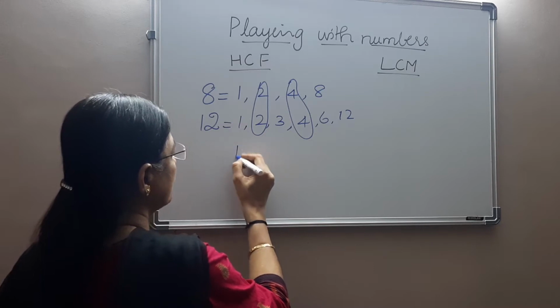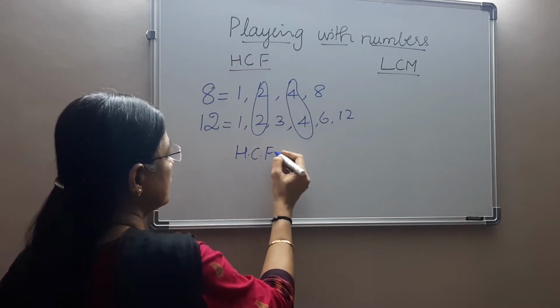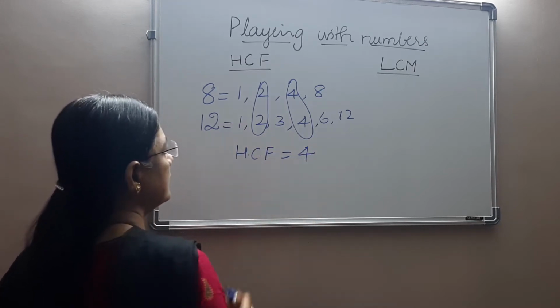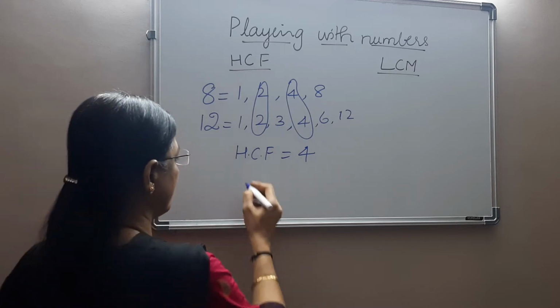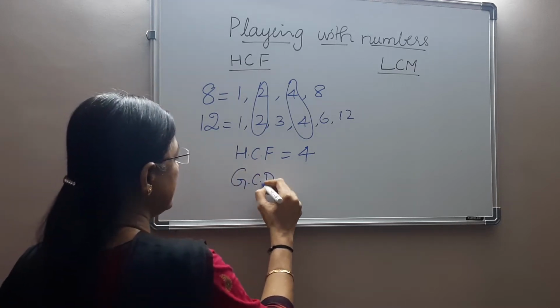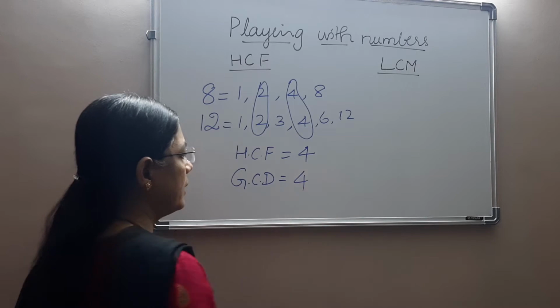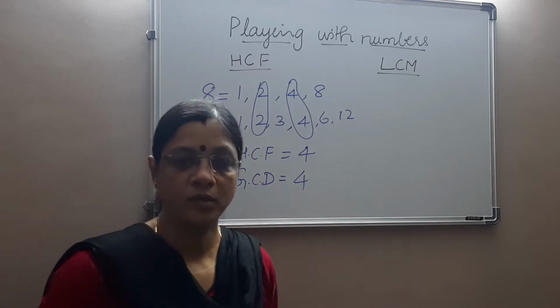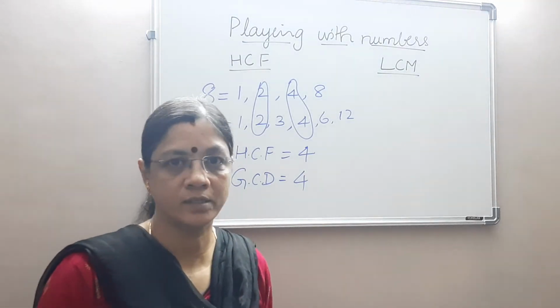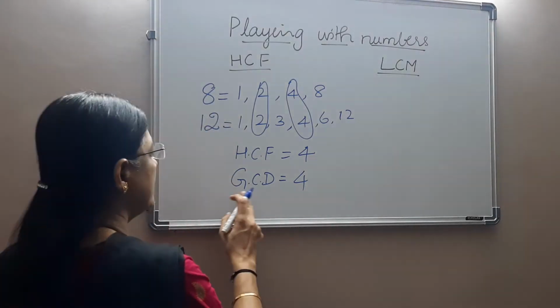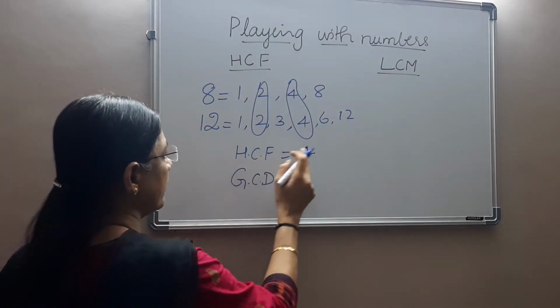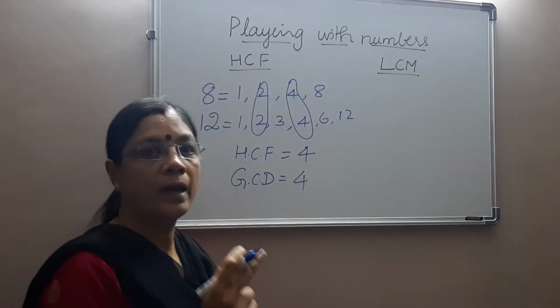So the HCF, or the highest common factor, is 4 for 8 and 12. It is also called GCD, or the greatest common divisor, because we know every factor is a divisor of that number, isn't it?